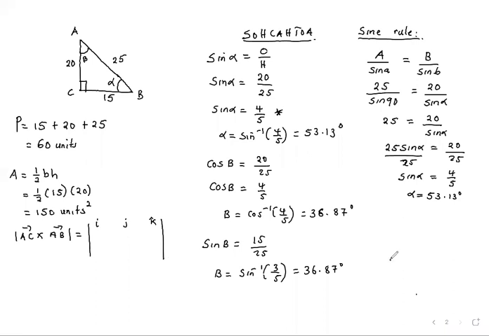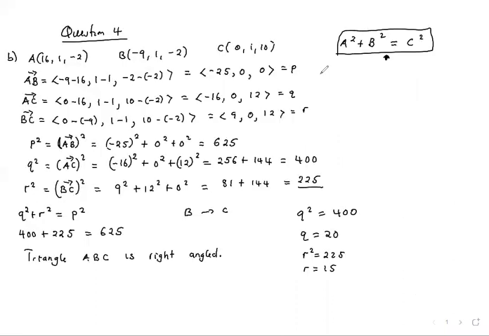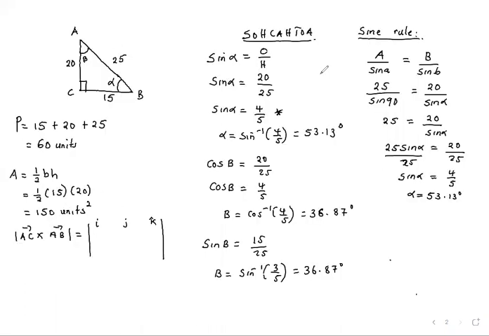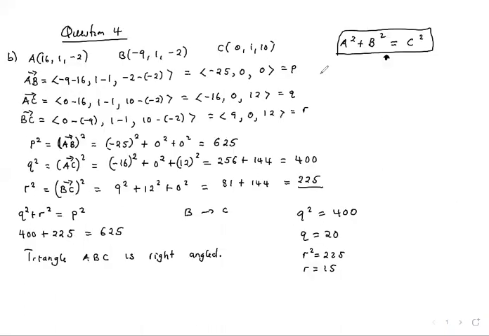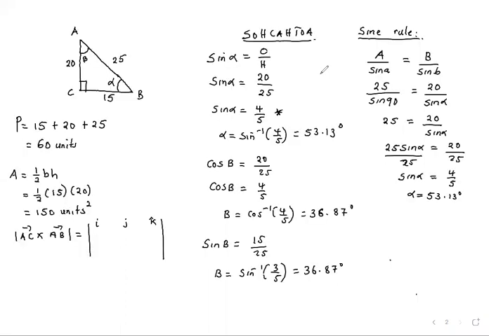Can't we go to the next page? No, it will be done in this space. Don't worry. So I'm looking for the sides. I've gotten AC: negative 16, 0, 12.